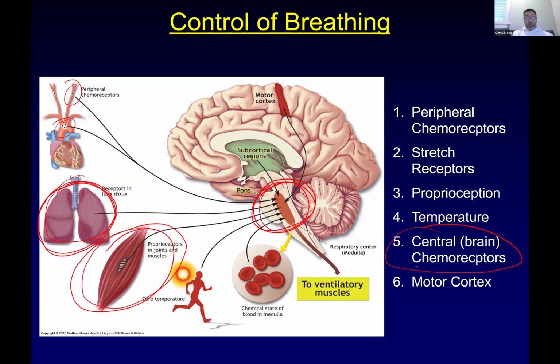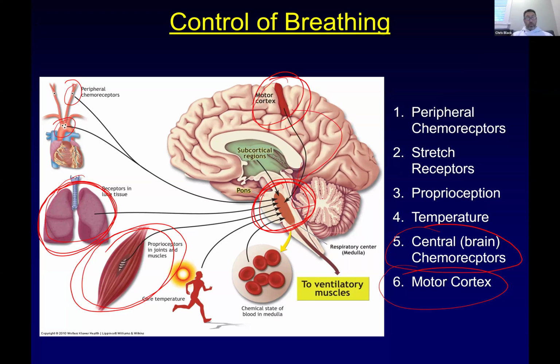And then finally, you have input from the motor cortex. If I ask all of you to consciously think about breathing faster or breathing more deeply or not doing those things, you have some level of conscious control from up here in the motor cortex that signals back down into those centers.